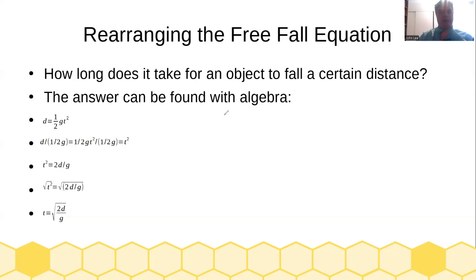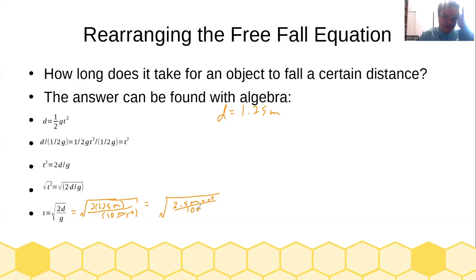So with a value of d equals 1.25 meters, which is about chest height, t is going to be equal to the square root of 2 times 1.25 meters divided by 10 meters per second squared, which is equal to the square root of 2.5 meters times second squared divided by 10 meters.